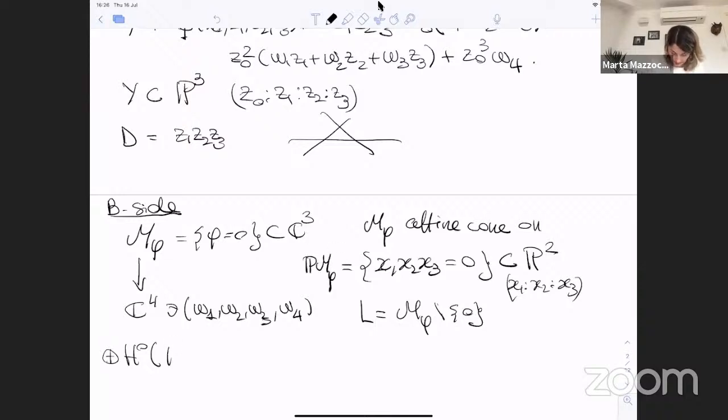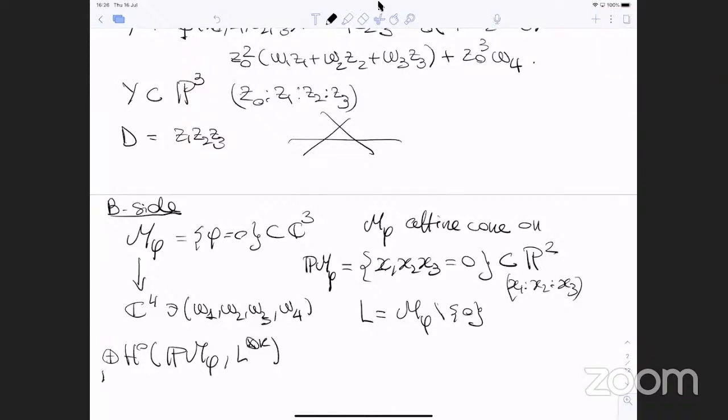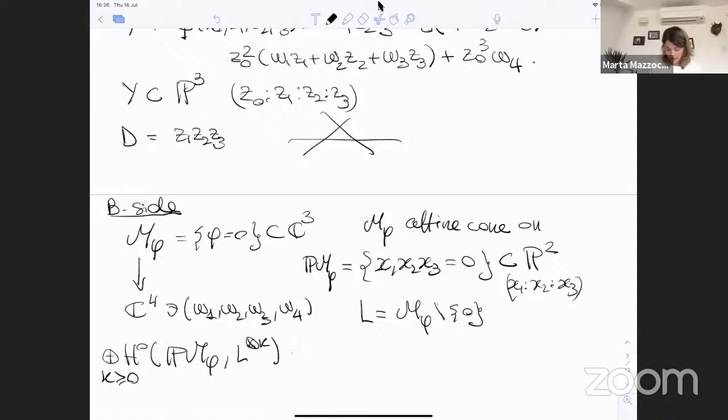So this is PM5, phi L. And this is in fact roughly the same thing as if we look at the ring of polynomials in 3 variables and take the quotient by the ideal generated by phi itself.